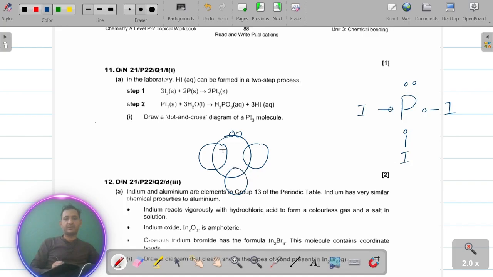So the electrons of phosphorus and the electrons of iodine: 1, 2, 3, 4, 5, 6, and again 1, 2, 3, 4, 5, 6, and 1, 2, 3, 4, 5 and 6, on phosphorus and each iodine.